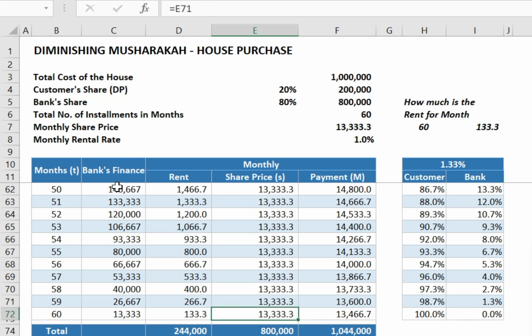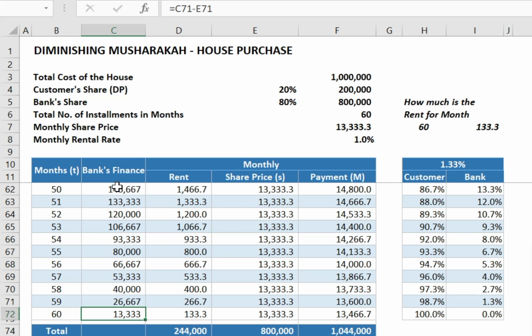So this is how diminishing Musharakah house purchase is modeled or prepared to facilitate the determination of the outstanding bank's finance, the monthly rental payment, the monthly share price, and the total payment.